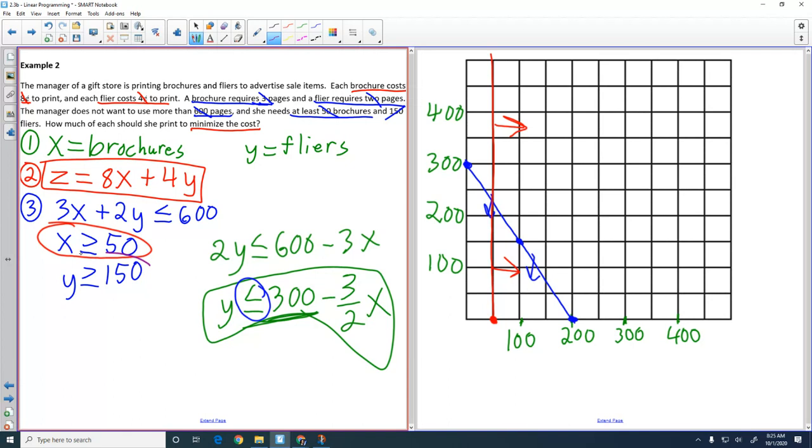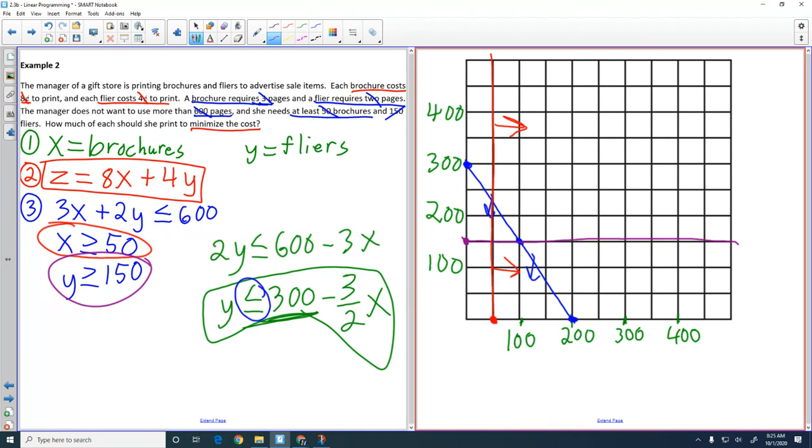And this third line, Y is greater than or equal to 150. Okay, so that's going to be a horizontal line because it's a Y. I go to 150 on the Y axis, and I put a dot. And we draw a horizontal line through that point, all the way across. And are we going to shade above this line or below this line? Biggest says up.